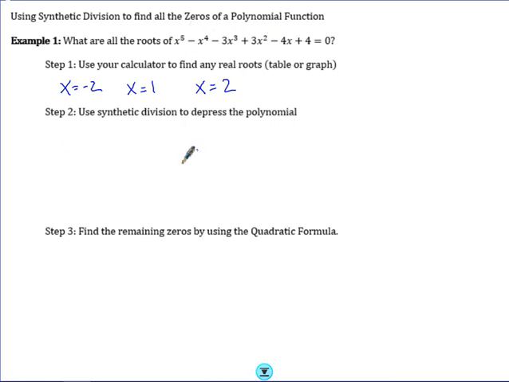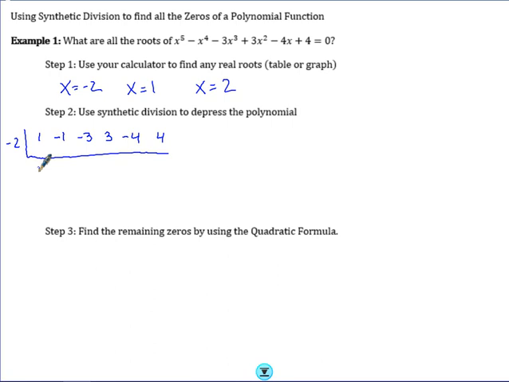So I don't need any placeholders. Okay, so my coefficients are 1, -1, -3, 3, -4, 4. Okay, and I'm going to take my first root here that I found, and I got x equals -2. Okay, so I'm going to divide by that.